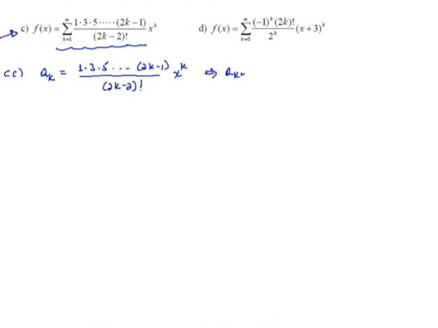next term, the k plus 1's term, becomes 1 times 3 times 5 and so on up to 2k plus 1 ነው የሚሆነው ማለት ነው over the next term that comes after 2k minus 2 is 2k.